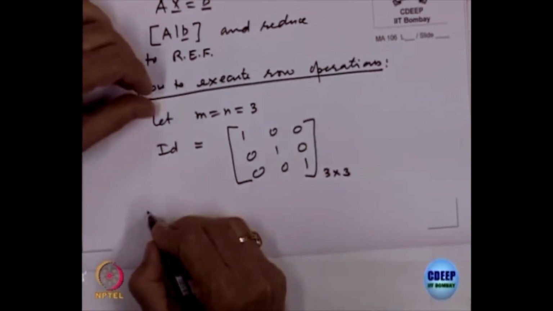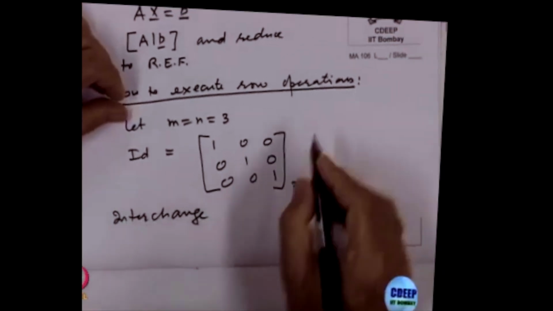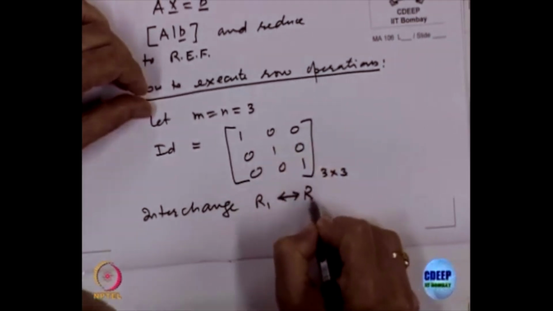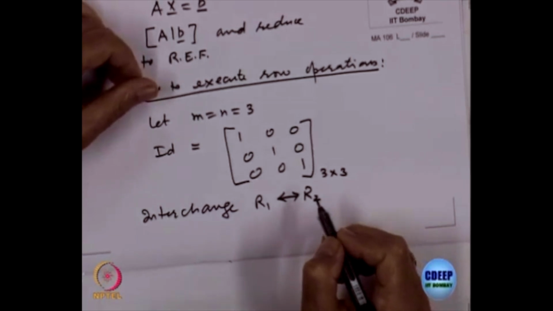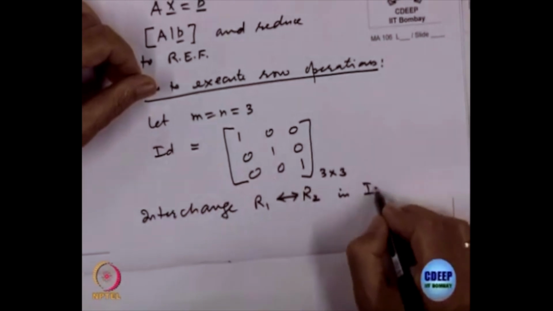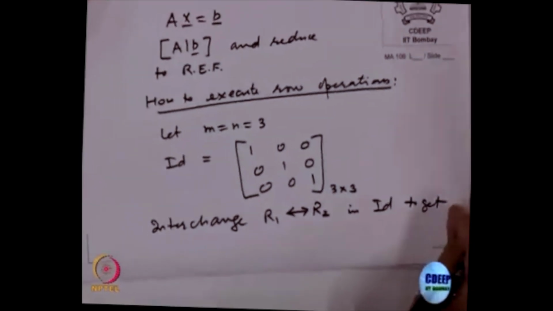So, interchange. This is R1 and R2, let us look at that. Let us interchange R1 with R2 in this identity matrix. So, what will we get?